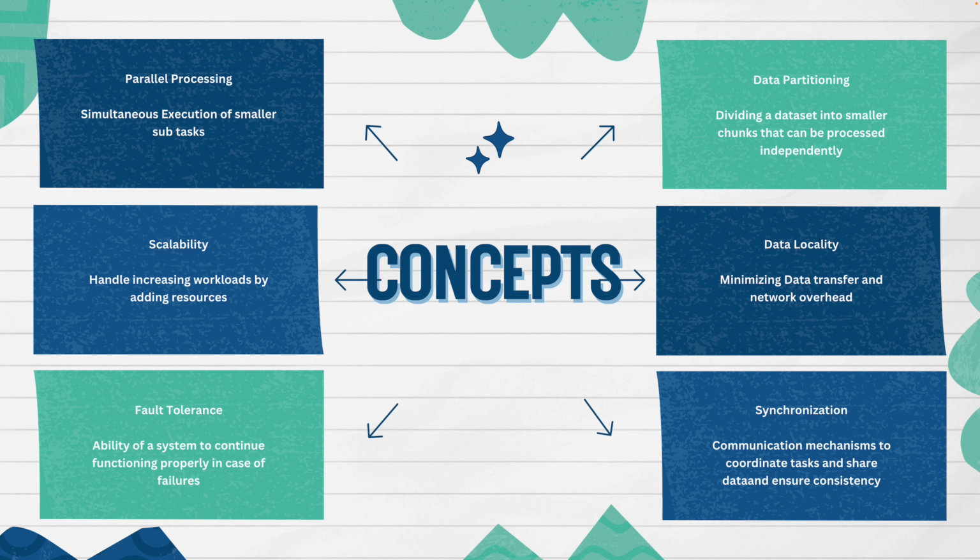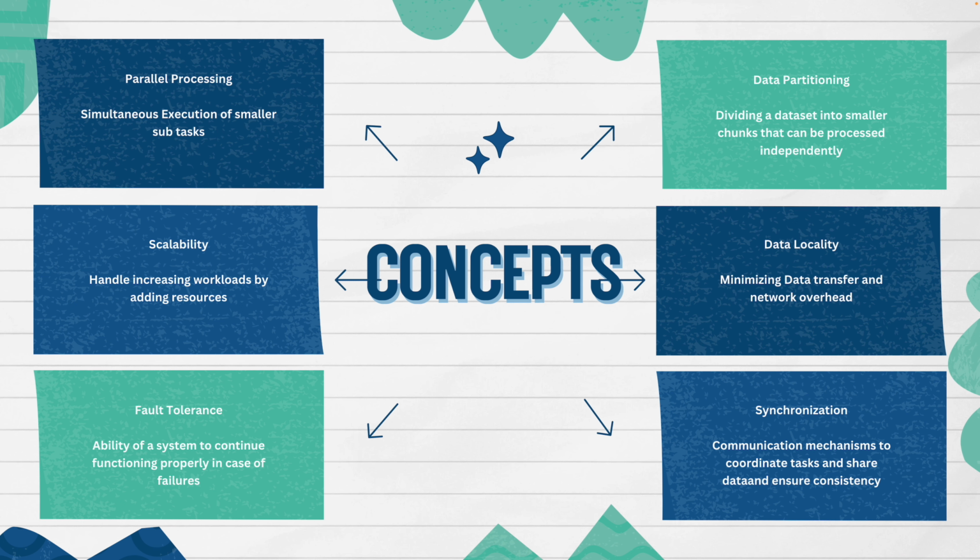Apache Spark achieves fault tolerance through mechanisms like RDD, which is a basic structured API of Spark, and it allows lost data partitions to be recomputed from the original source data or intermediate transformations. So fault tolerance is one of the important concepts in the world of distributed computing.